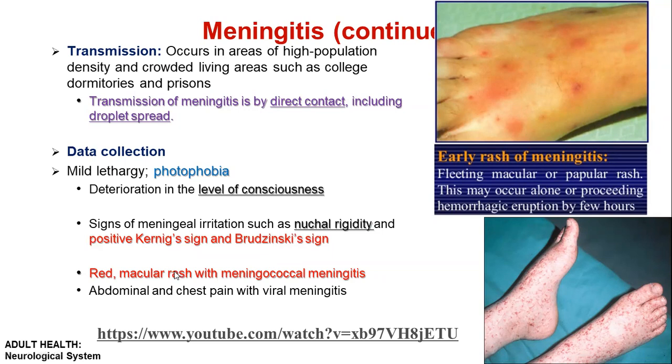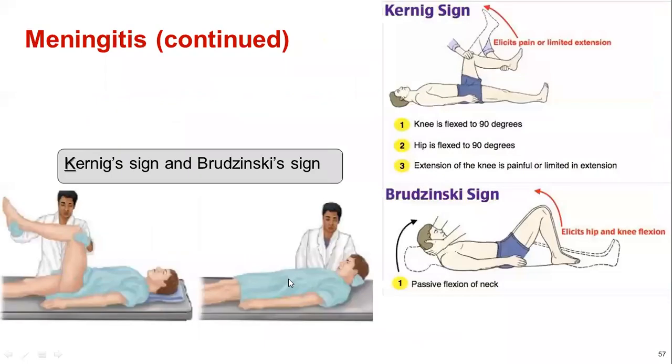Also fever, an altered level of consciousness, tachycardia, and in the late stage seizure, and a red macular rash with meningococcal meningitis. Here we are showing two signs, Kernig sign and Brudzinski sign.